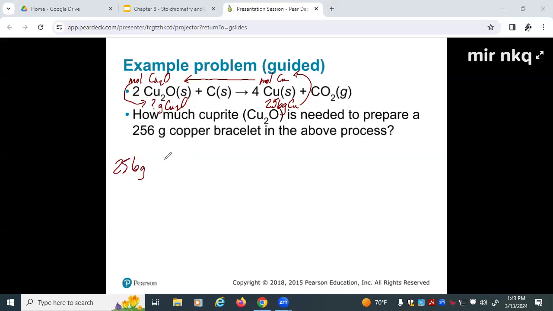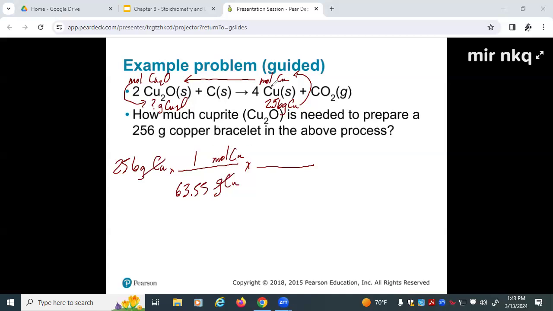So first step, 256 grams of copper. First thing I want to do is turn the grams of copper into moles. For that, I need the molar mass. Molar mass comes from the periodic table. Molar mass for copper, Cu, 63.55. Grams of copper cancel.